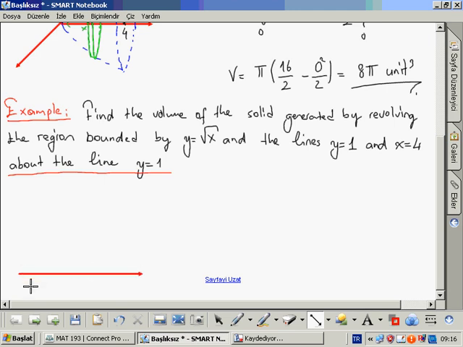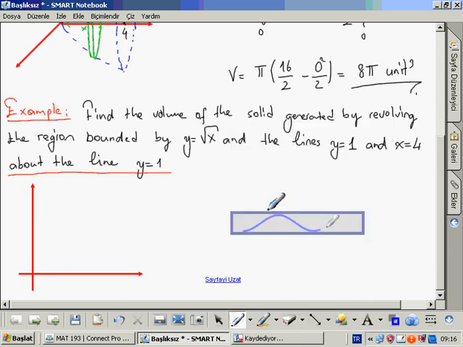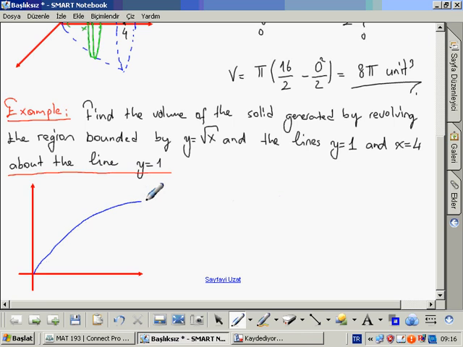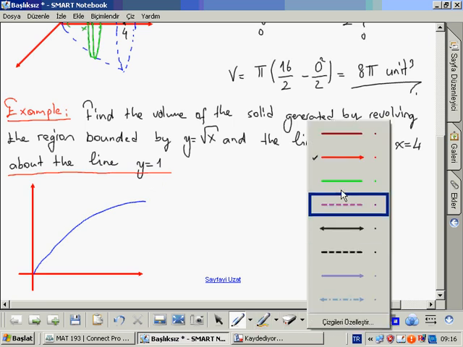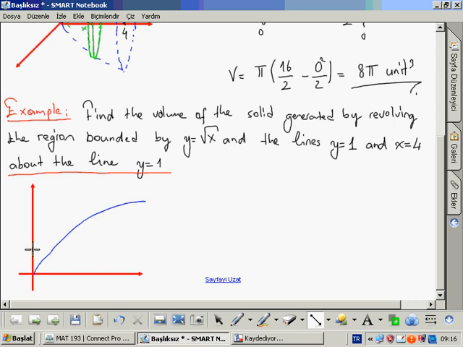And this part, this is y equals square root of x again. Please look at it. Let me sketch the y equals 1 line, which is here.